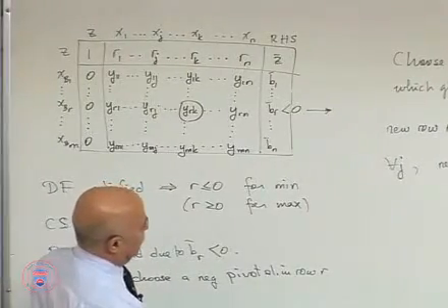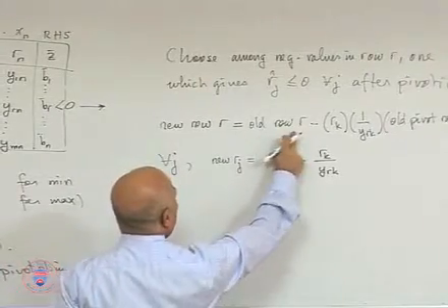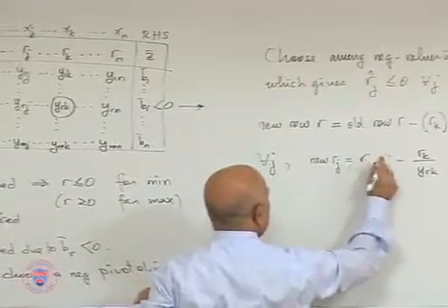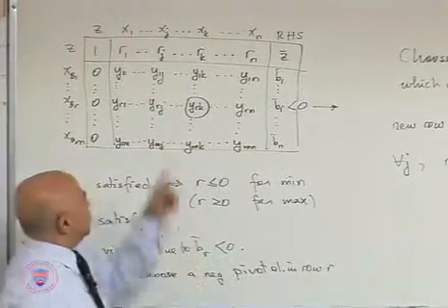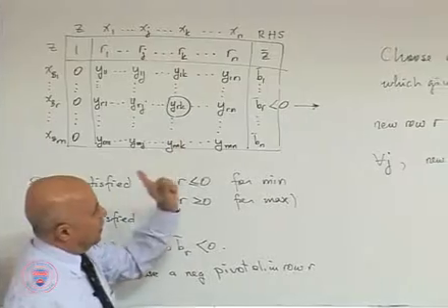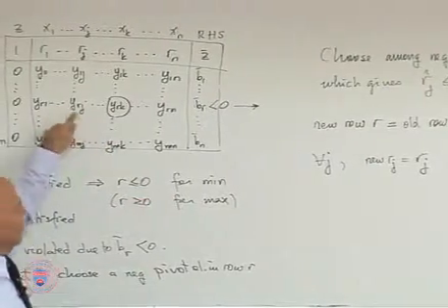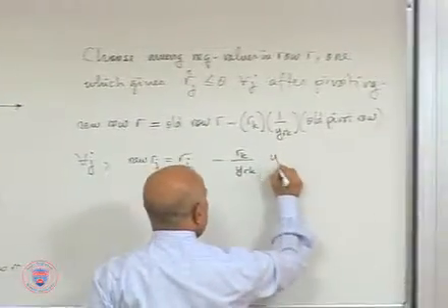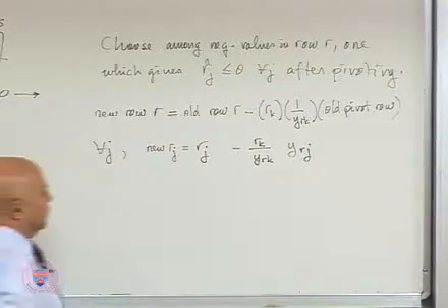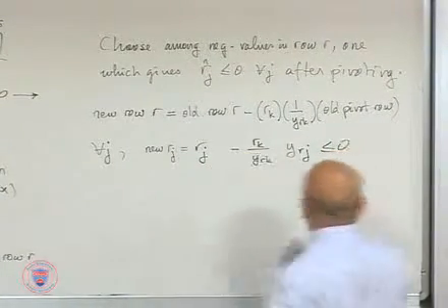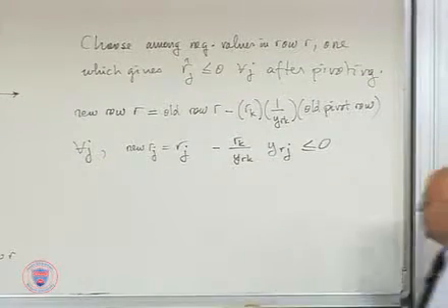What did I do? This is not correct. This is supposed to be old row R, sorry. This is supposed to be Rj, yeah. Old row R. Rj comes from the old row, and then Rk times 1 over Yrk times Yrj. That's what I need, right? Okay, for every j. So you want to have that inequality.